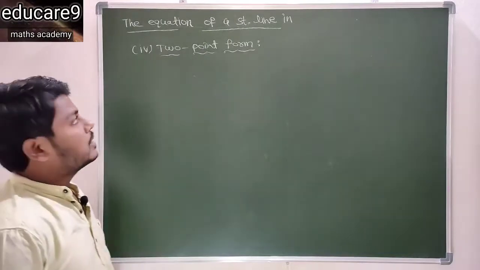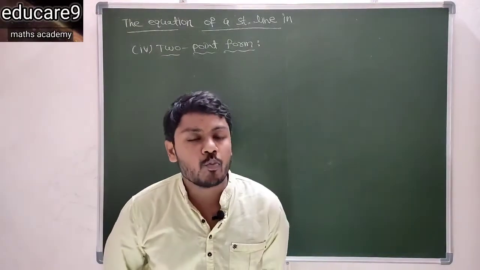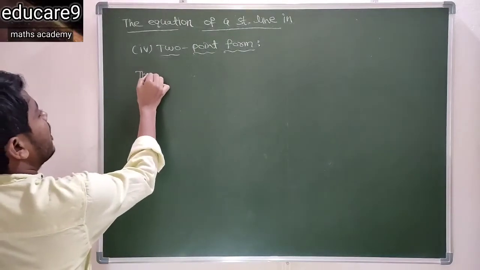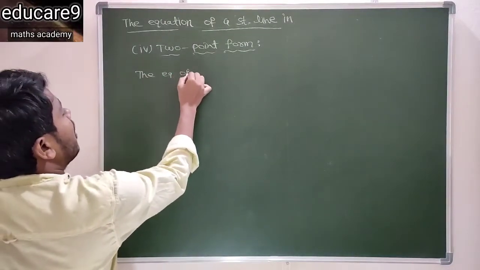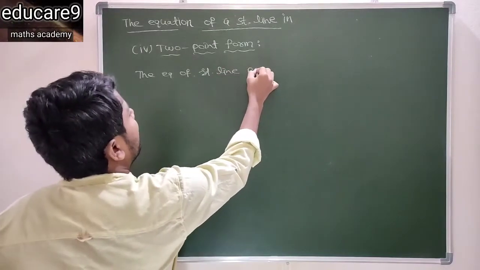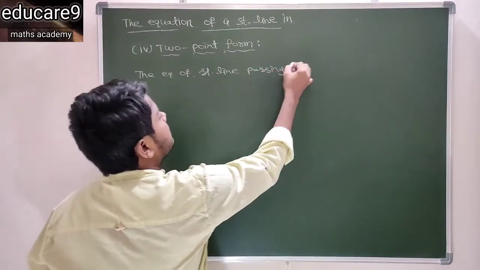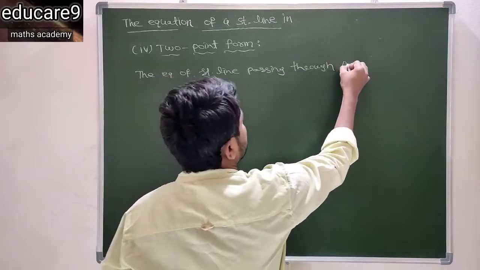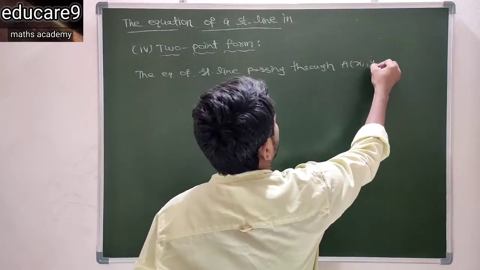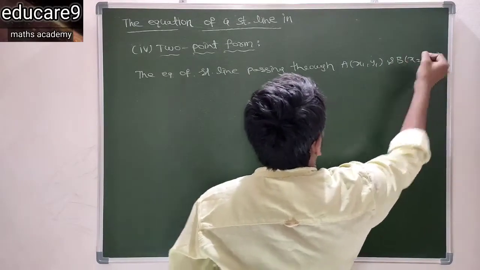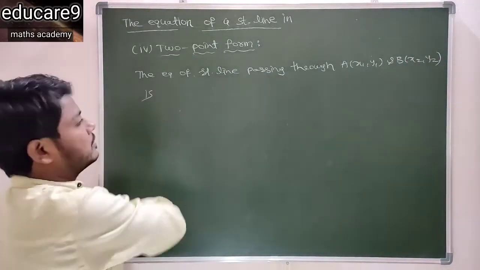So see here, next one, the equation of the straight line in two-point form. So see here, the equation of a straight line passing through two points, that is A(x1, y1) and B(x2, y2), is what?